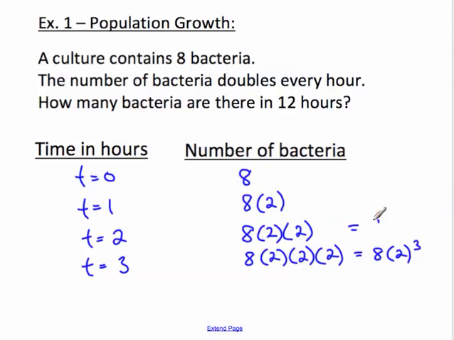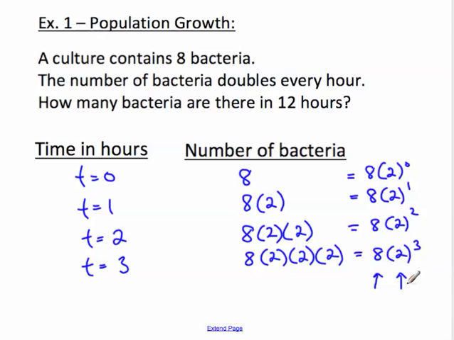This one would be 8 times 2 to the power of 2. This one would be 8 times 2 to the power of 1. And if you think about it, the original state could be written as 8 times 2 to the power of 0.